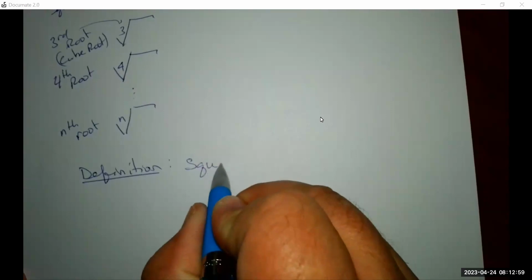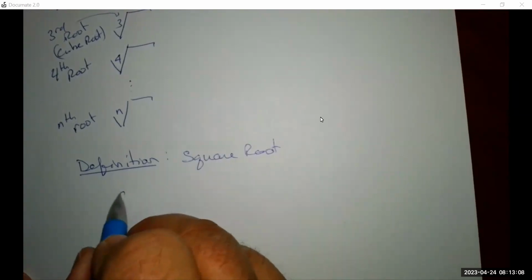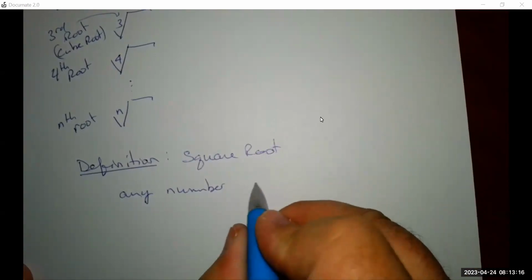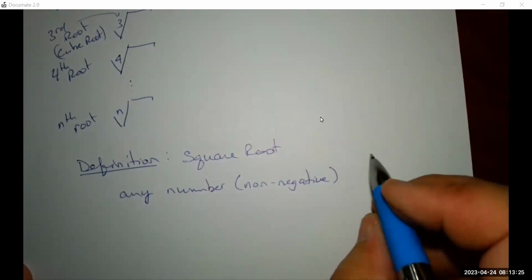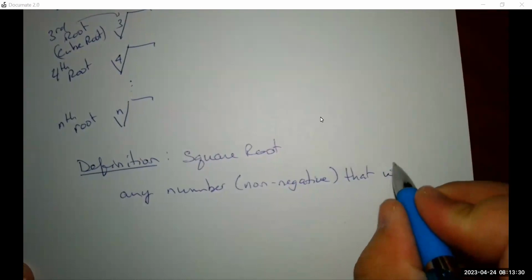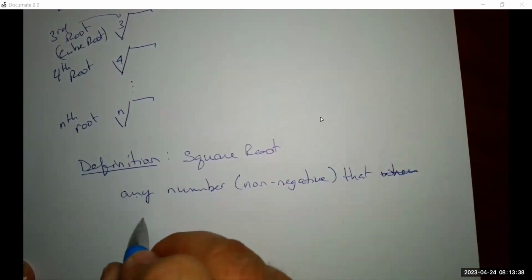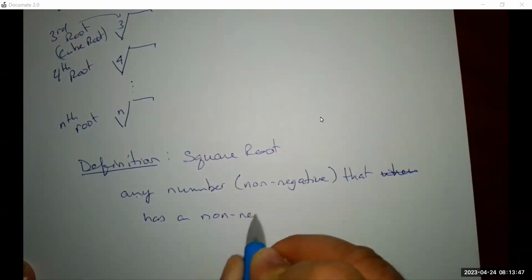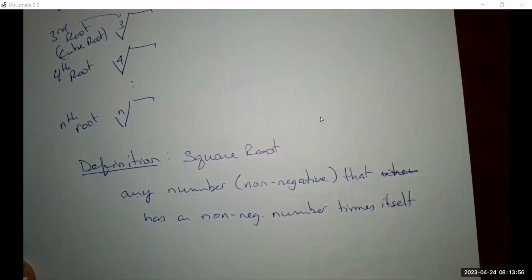Definition of square root: any number, non-negative, that has a non-negative number times itself equals the first.